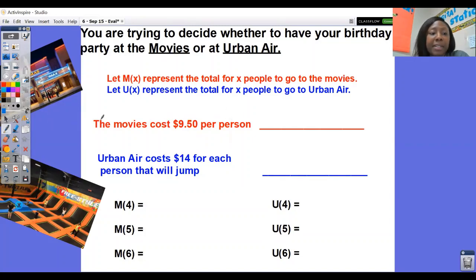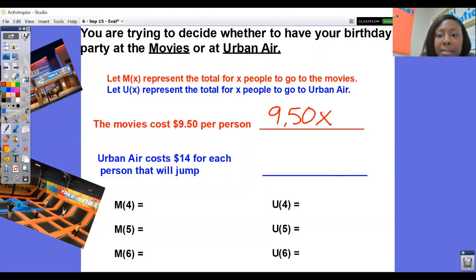So 9.50 is like our slope. So we can just write that that equation would be 9.50x, or that expression is 9.50x. For Urban Air, it says Urban Air costs $14 for each person that will jump.